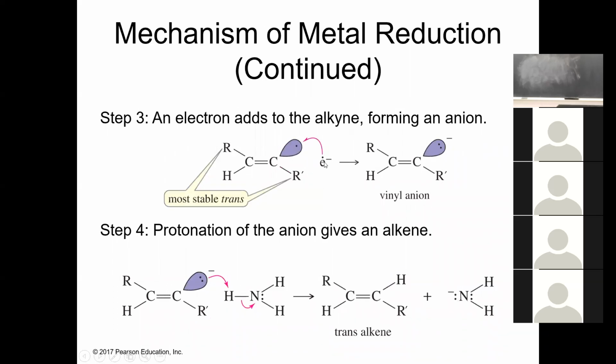Another electron joins this single electron to produce a vinyl anion. That vinyl anion picks up a proton from another ammonia molecule, and our product is a trans alkene.